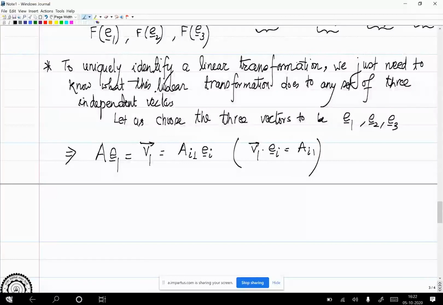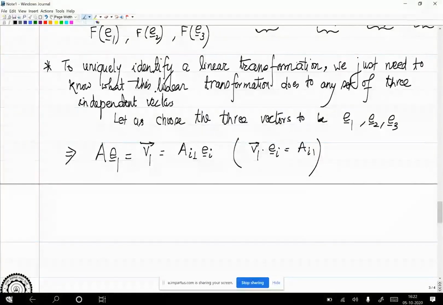Saurabh? Can you explain it once more? Why did we write V1 is equal to AI1 EI? See, V1 is some vector. I can always write it in terms of E1, E2, E3. So I have just written it in terms of E1, E2, E3. See, V1 will be known to us.